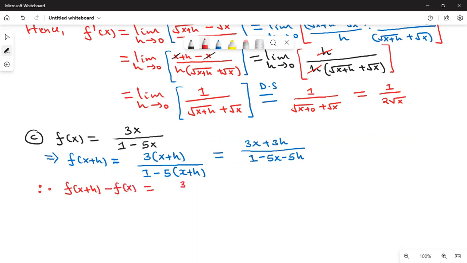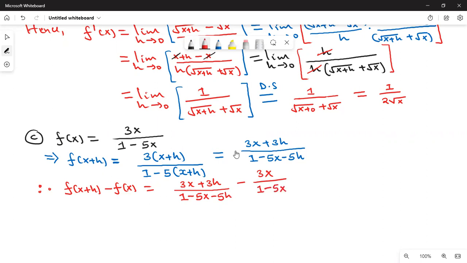It will give us (3x plus 3h) divided by (1 minus 5x minus 5h), and then you're subtracting 3x divided by 1 minus 5x.